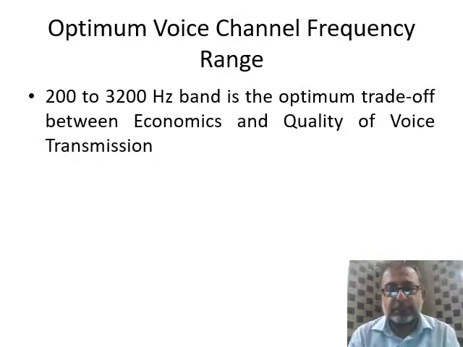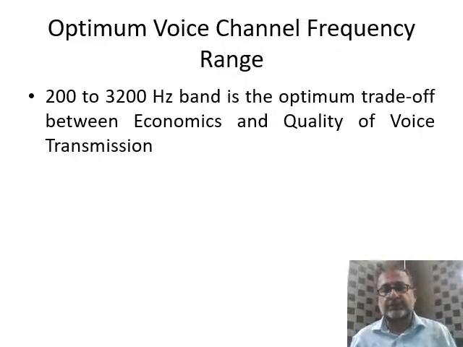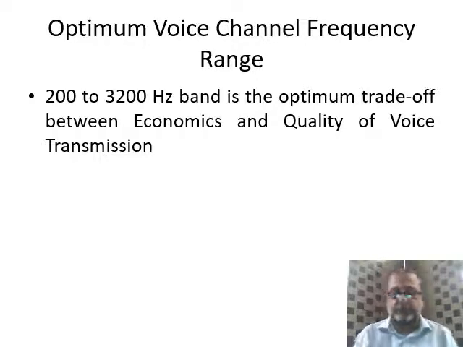On the other hand, the quality of this voice, which ranges from 200 to 3200 hertz, is quite good and intelligible at the other end, while we can identify the speaker also, as you often observe in your telephonic conversation.